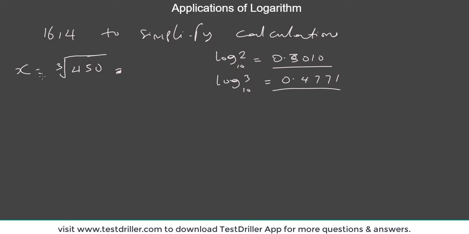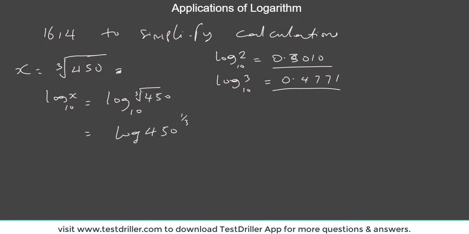So let's try to apply log on both sides to base 10. We have log of x to base 10, and we have log of the cube root of 450 to base 10. What we want to do now is to try to write this in a simpler form. So this is 450 raised to the power of 1 over 3.